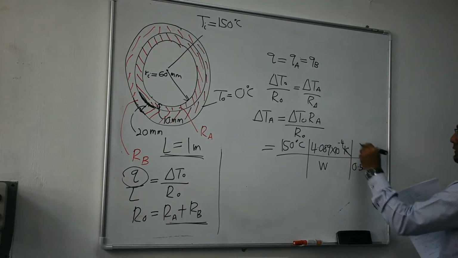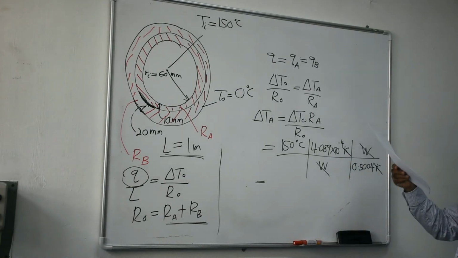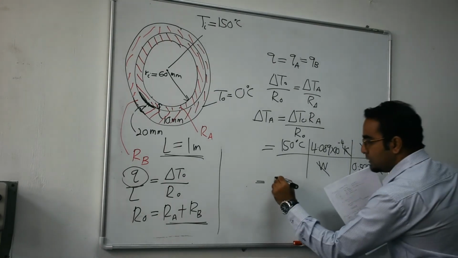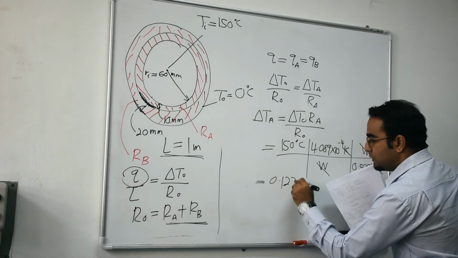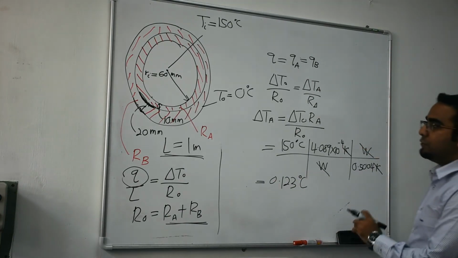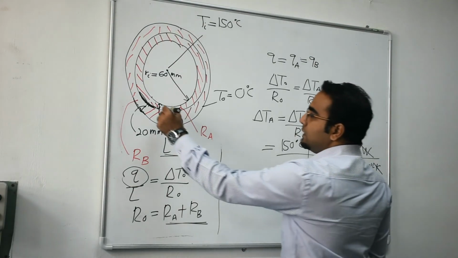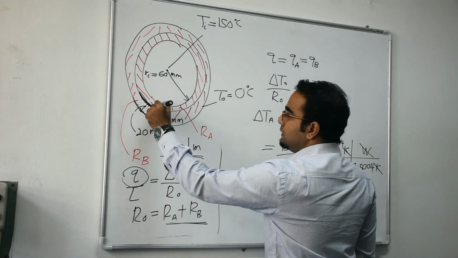Cancel out, cancel out, cancel out, cancel out. You get a value of delta TA is equal to 0.123 degrees Celsius.